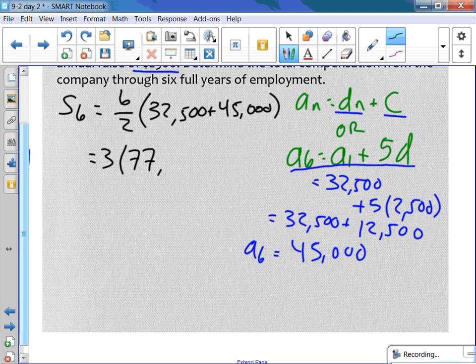No tricks here, just multiplying by 3. So here we come up with $233,500 for the total compensation for those 6 years.